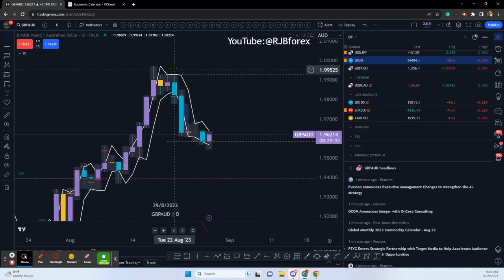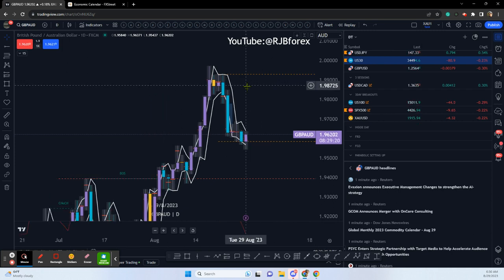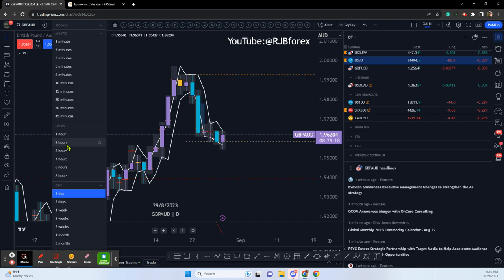Interesting. Got that M formation, failed to continue up. Broke structure to the downside. We're going to pump up maybe for the continuation down. That's both for Euro Oz and Sterling Oz. I'll just keep those on the watch list for today.